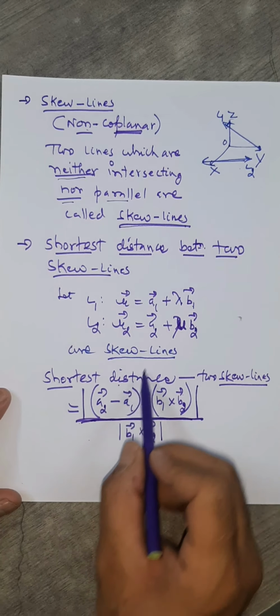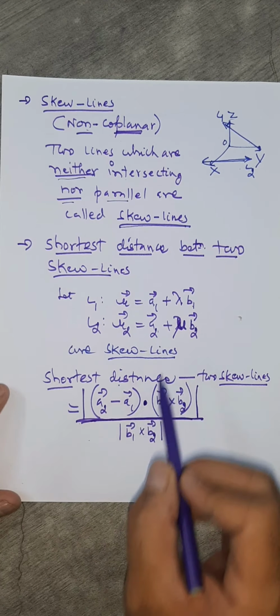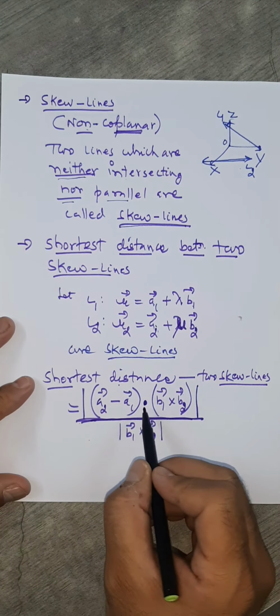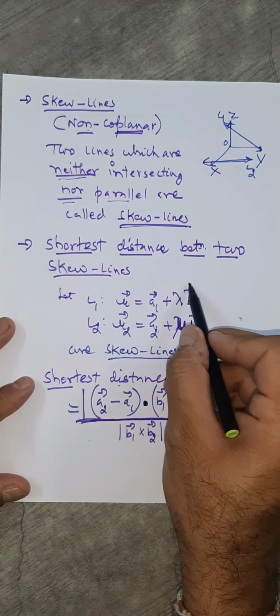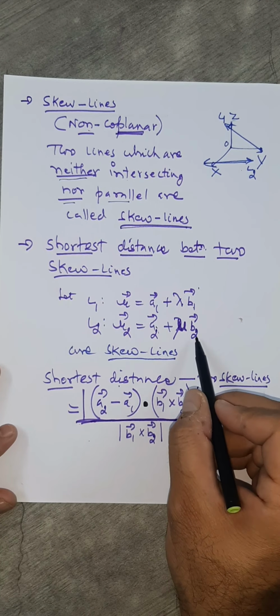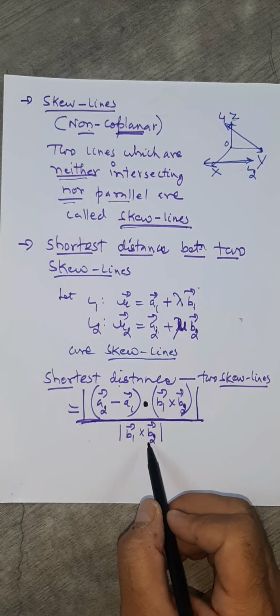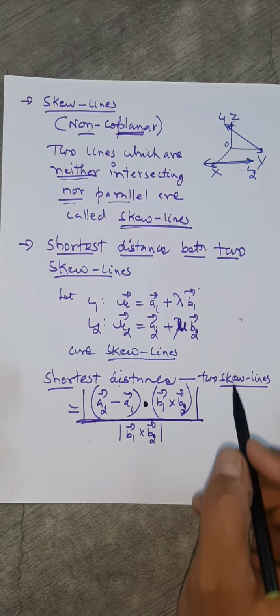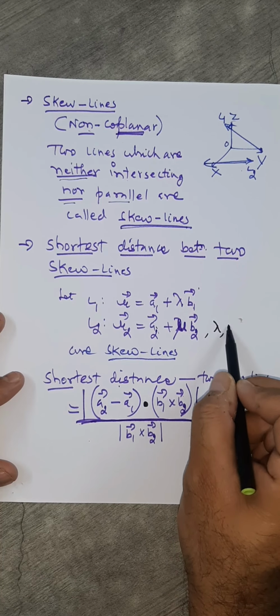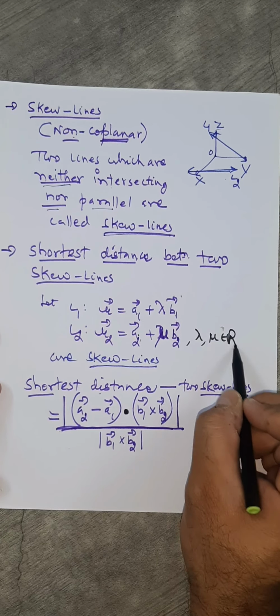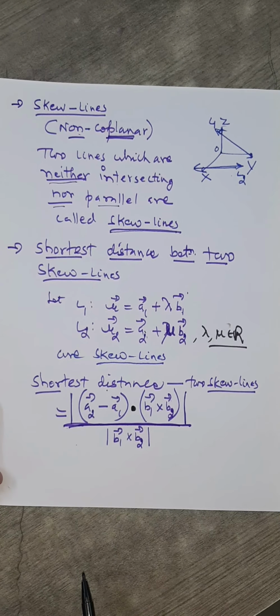The formula is: the difference of the two vectors, A2 minus A1, dot the cross product of the two directions, B1 cross B2, upon its magnitude. This is like the previous theory. Remember, lambda and mu are scalars, which means real numbers.